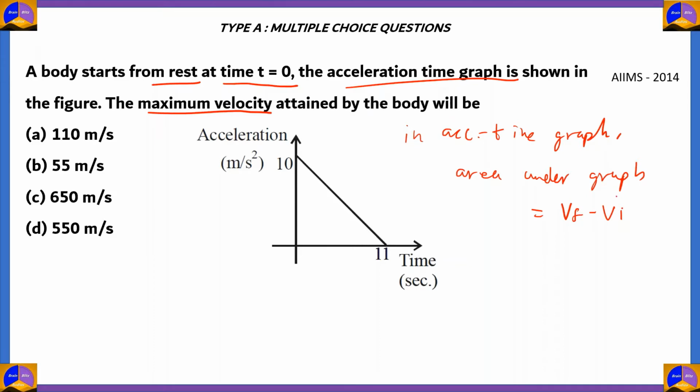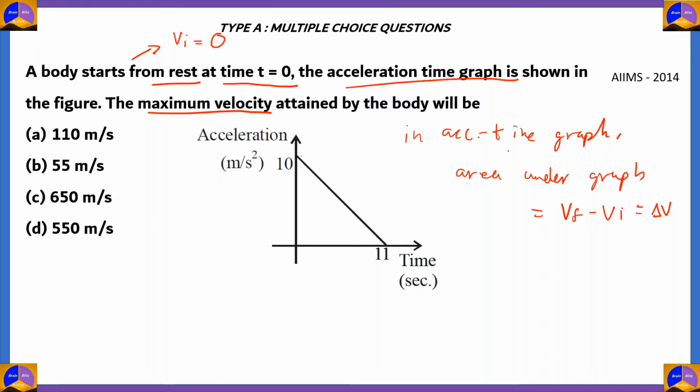So the area under graph represents the change in velocity, delta V, and delta V is equal to Vf minus Vi. In this question, it says that a body starts from rest. So that means the initial velocity is equal to 0, and that starts at time t is equal to 0.